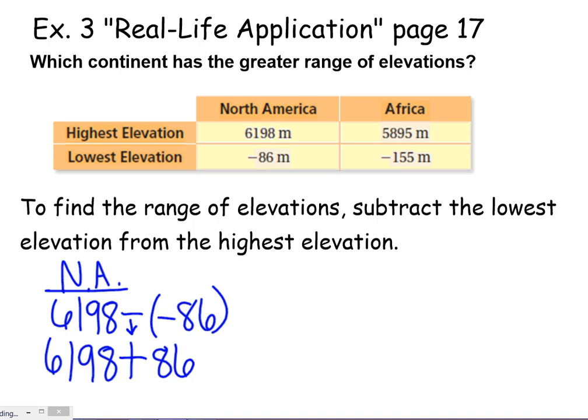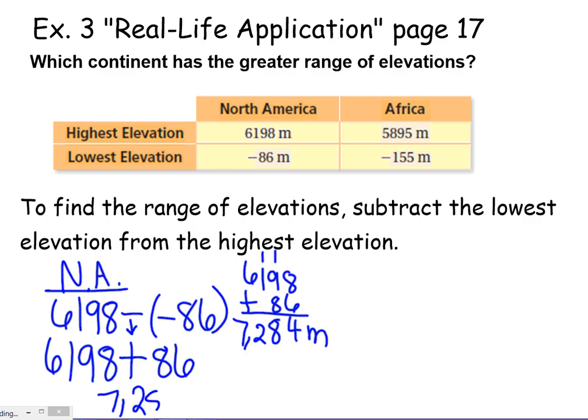So go ahead and add those two numbers together, and I'll work it out to the side since we're not using calculators here. 6,198 plus 86 is 14, that's 18, that's 2. I got 7,284 meters. So that is the difference in the range in North America.